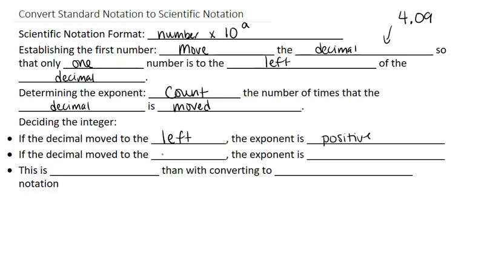And if we move the decimal to the right, the exponent is negative. This is the opposite than with converting to standard notation. So let's look at an example.